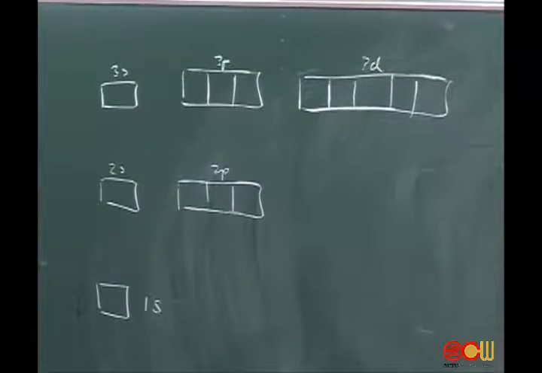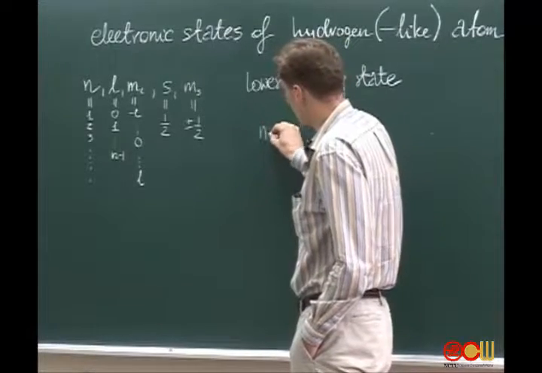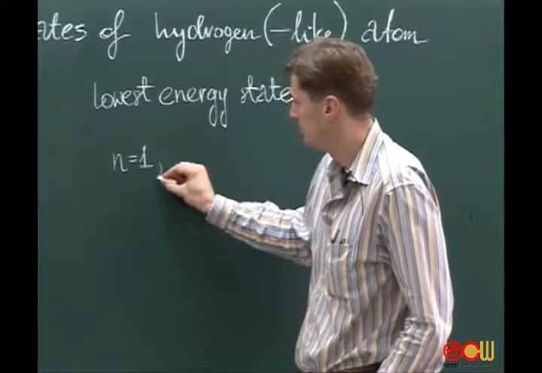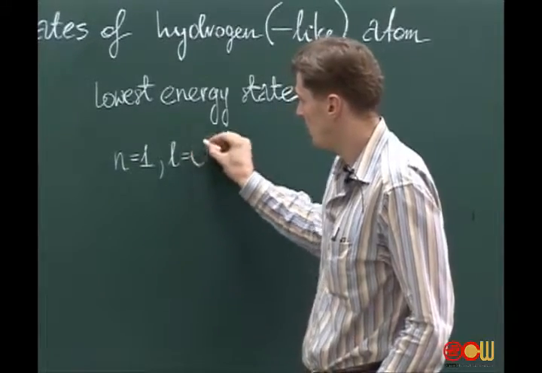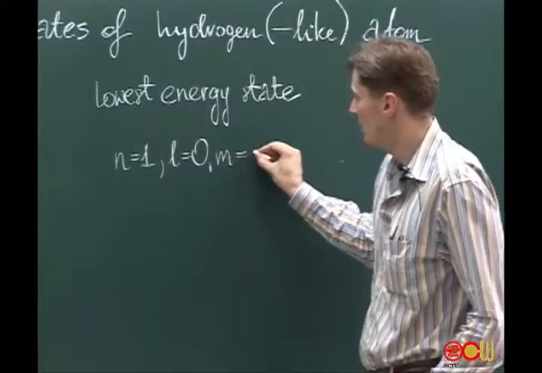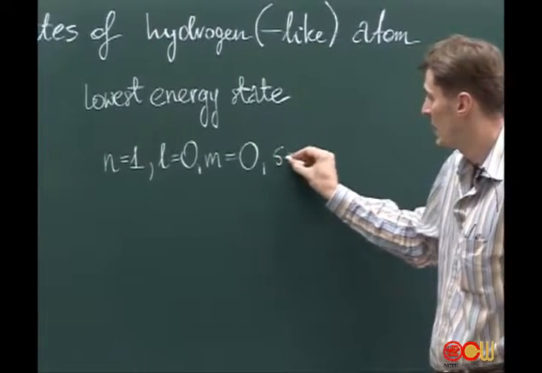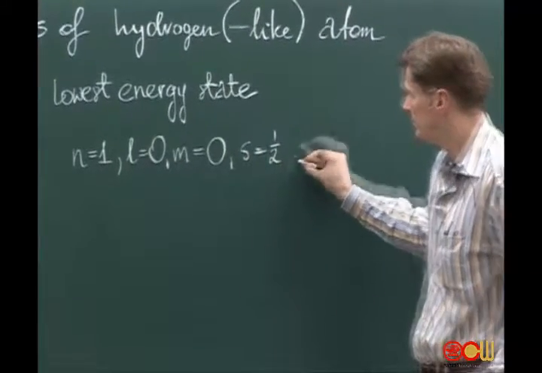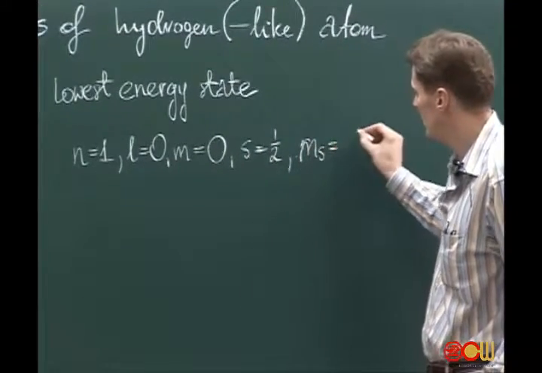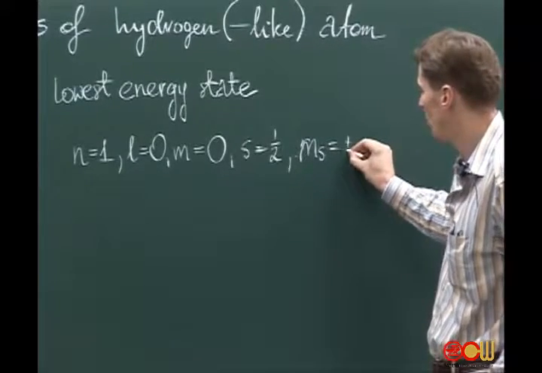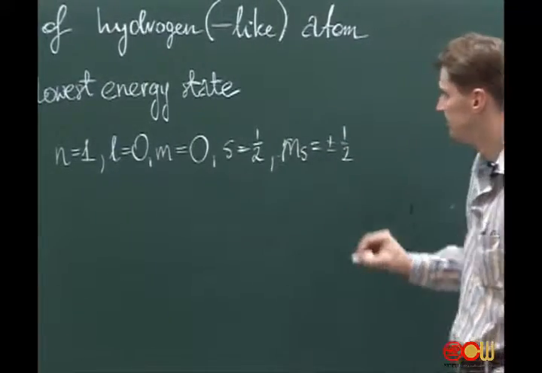So the lowest energy: n equals 1, l equals 0, m equals 0, s equal 1/2, ms equal plus or minus 1/2.